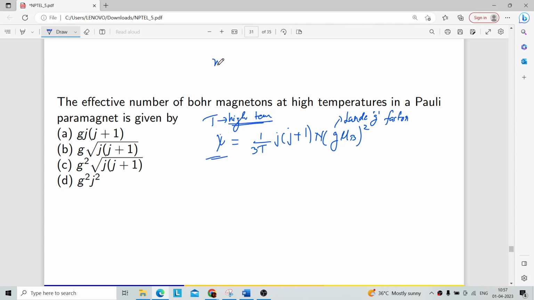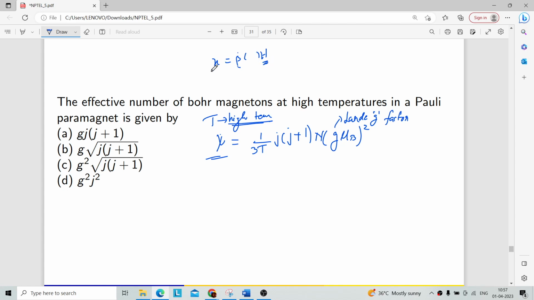You had some X term which was dependent on beta and magnetic field. So high temperature means small beta or small applied magnetic field.